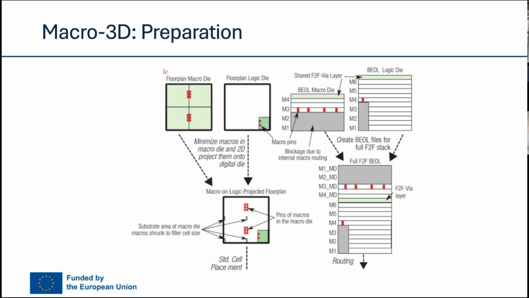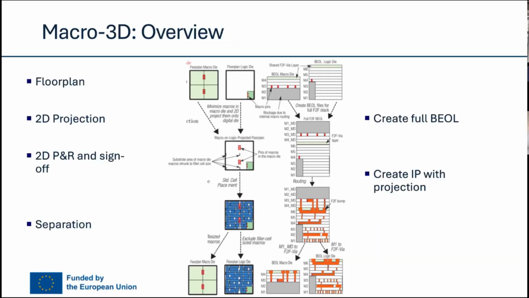This is what we call here M3MD. So we need one step where we adapt all the IPs that we are going to use into the die where they belong. Good. So here you have seen these two parts: creation of the full BEOL, and creation of the IP.